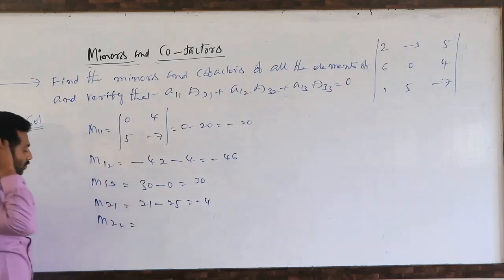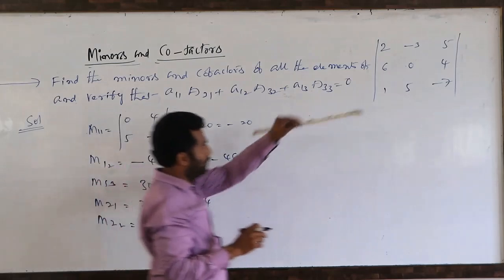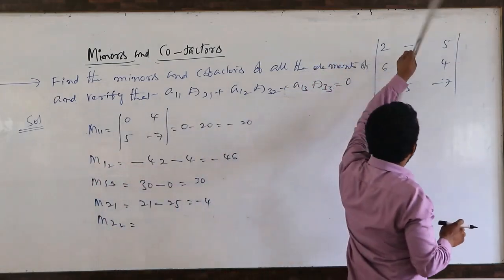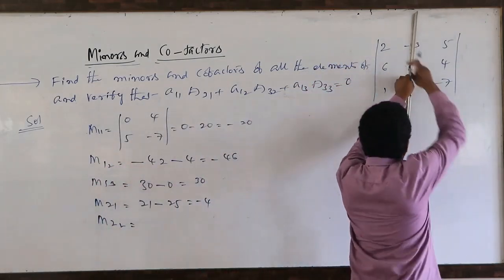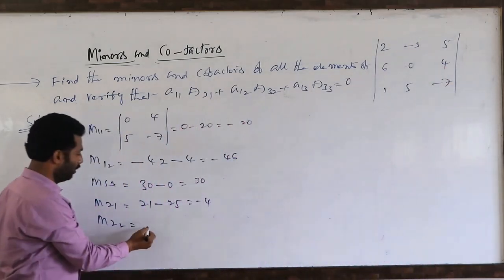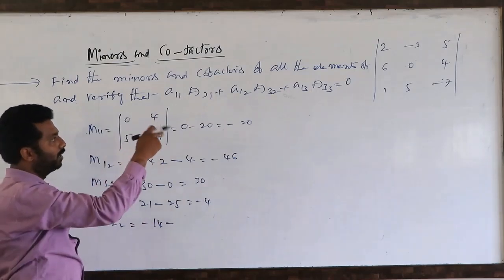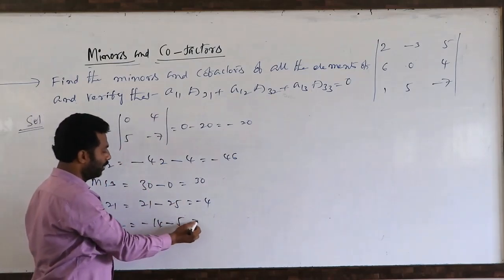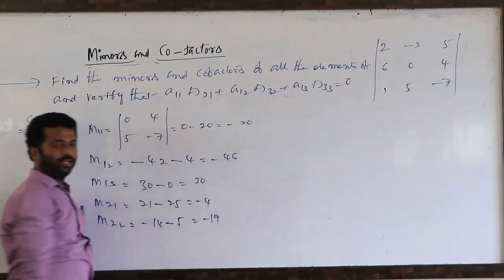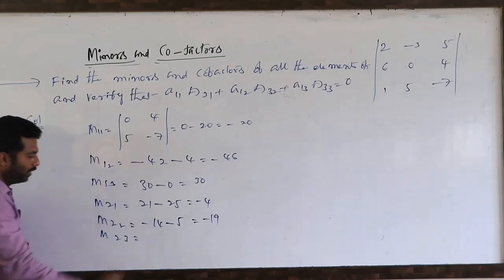M22 means second row, second column. See, second row, second column I have to close. 2 into minus 7, minus 14, minus 1 into 5, that is 5, so minus 19. Next, M23.